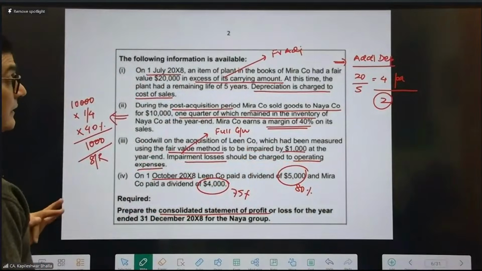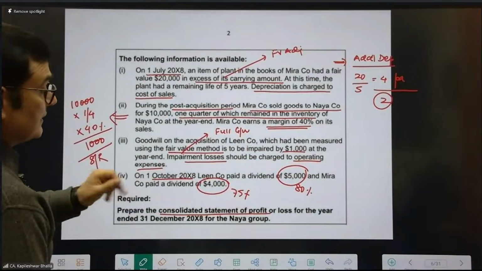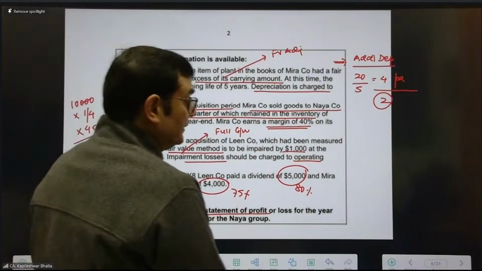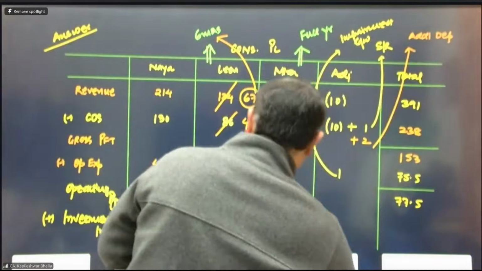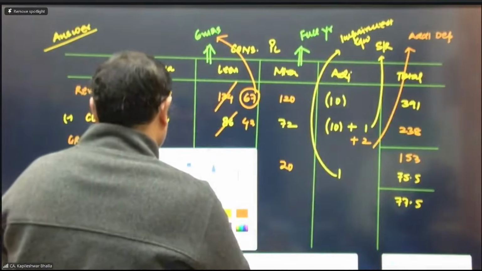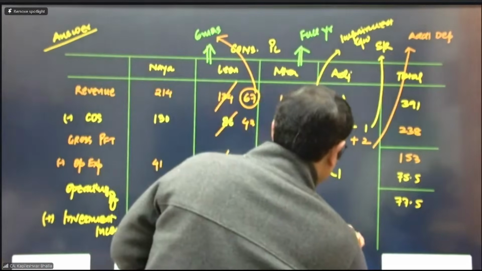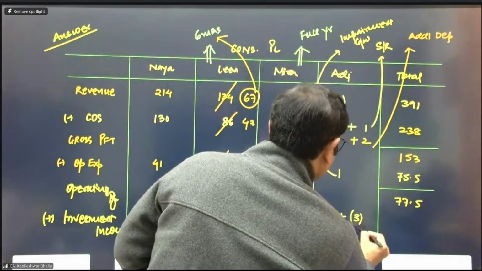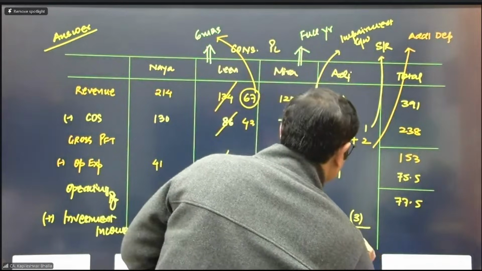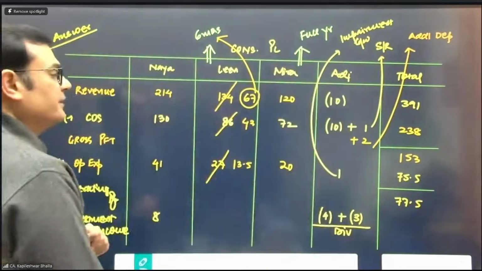So let's consider 80% would mean 4, 75% would mean 3. So we've got the dividend. This is in the adjustments, minus 4, and so we eliminate that 4 and we eliminate that 3. So this is as far as the dividend incomes are concerned.